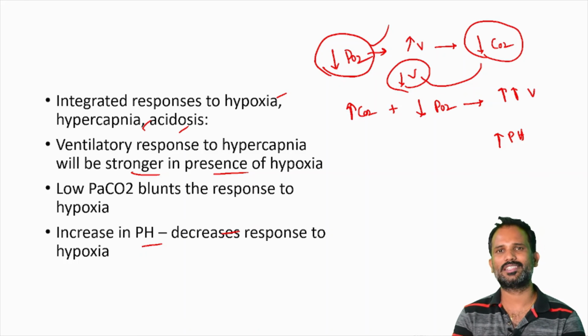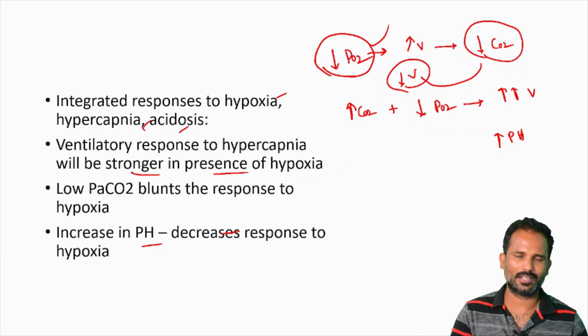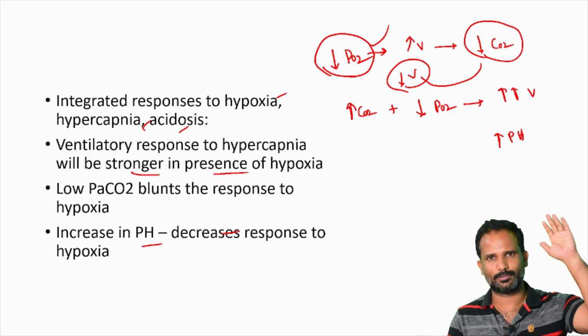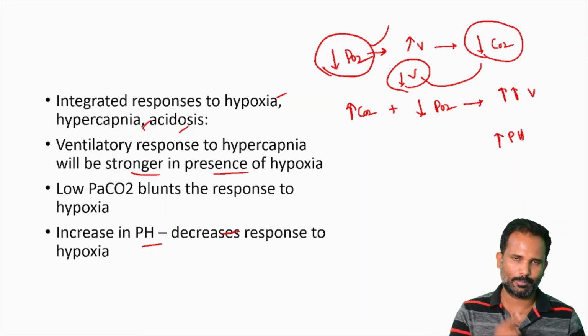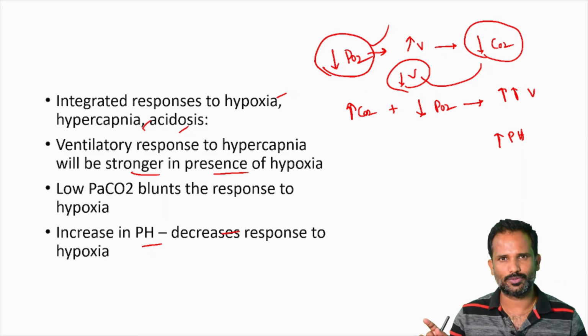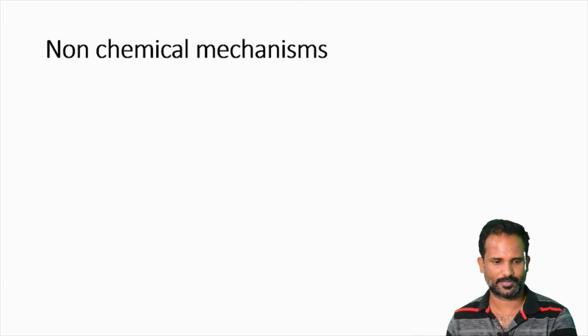So hypoxia is the stimulant at the peripheral chemoreceptors, whereas carbon dioxide and H plus are the stimulants at the central chemoreceptors. Even though hypoxia is a stimulant, if CO2 or H plus are lowered, it can't stimulate ventilation.